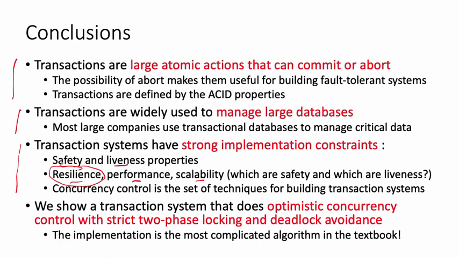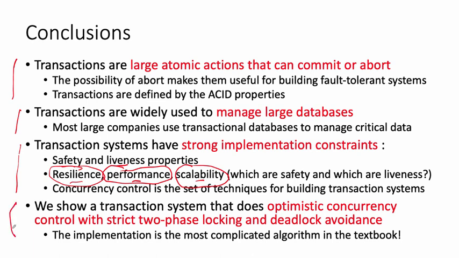That's safety, it doesn't break. Performance is aliveness. Within a certain time, things happen. So that's an aliveness property. And scalability is actually both safety and aliveness, because as the size increases, we want to maintain resilience and performance. The safety and the aliveness have to be maintained as the size increases.